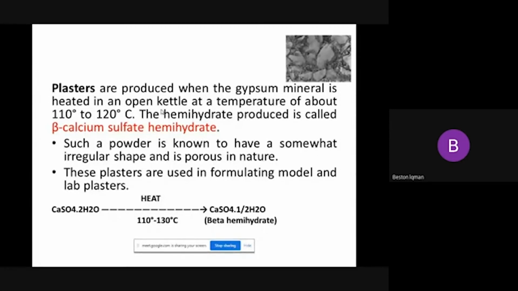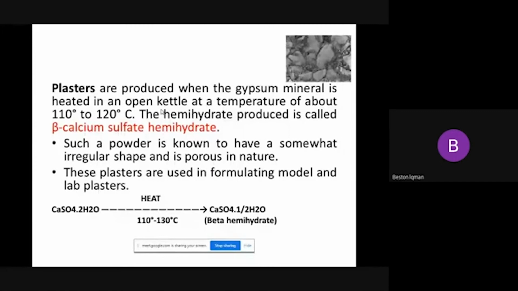The hemihydrate produced is called beta calcium sulfate hemihydrate. And when you increase the temperature, the dental plaster will be produced. This type of plaster is irregular in shape.